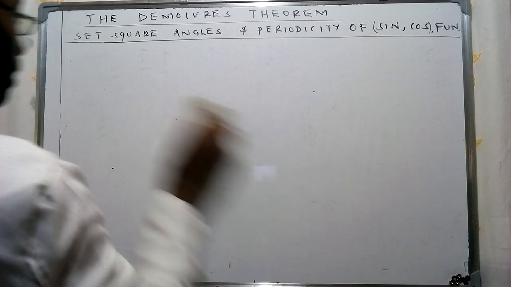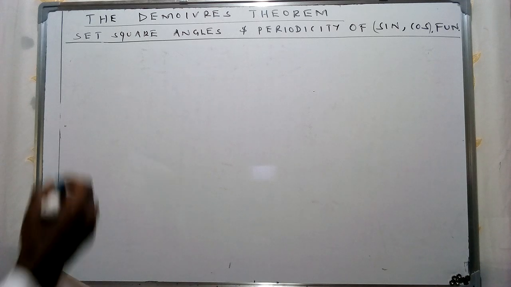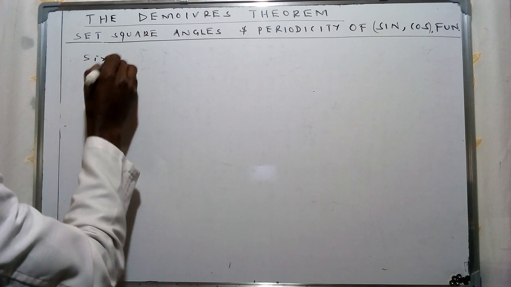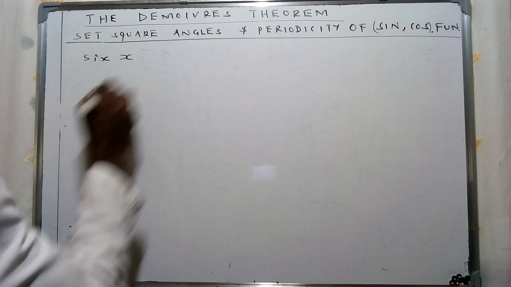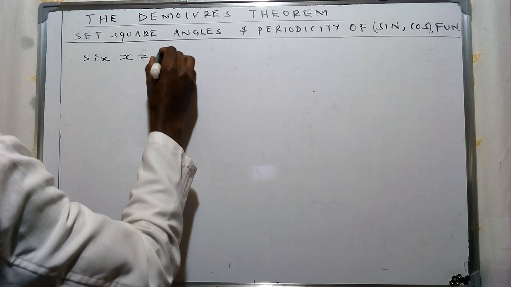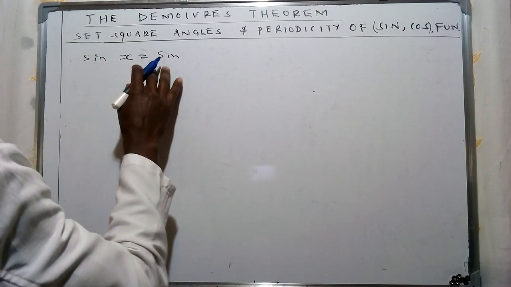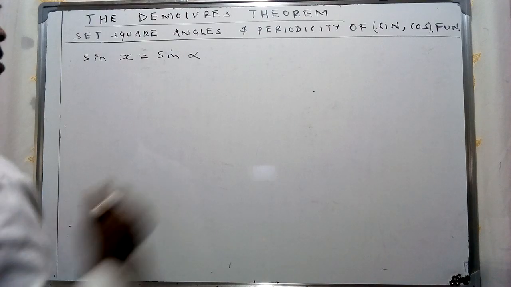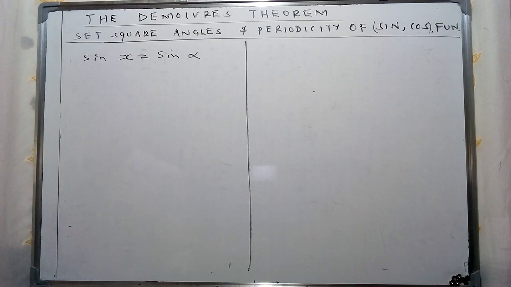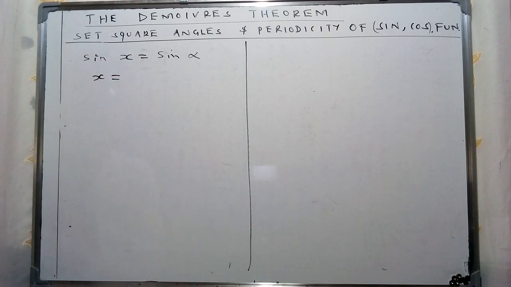Now, if we have these particular angles which can be defined in terms of the sine of x, where x is an angle, so let's have the sine of x equivalent to the sine of y, then there's a relationship between this specific angle x and y such that we can define x in terms of alpha.